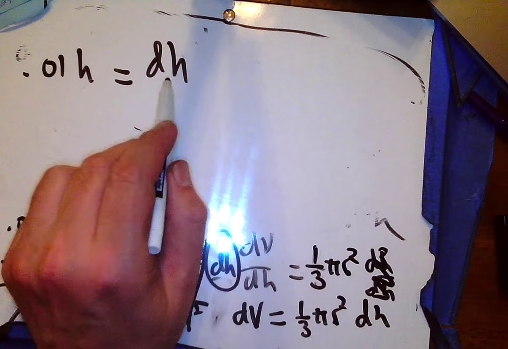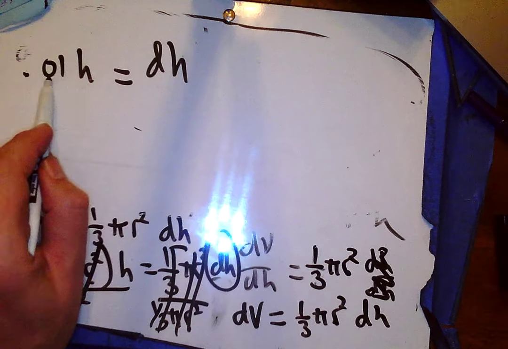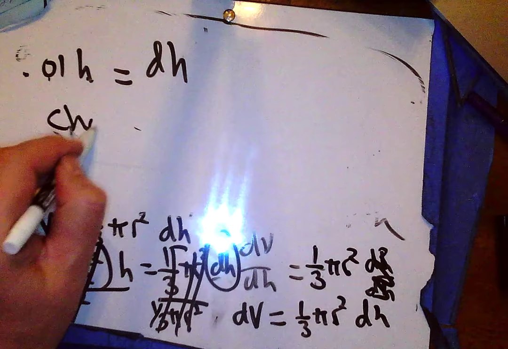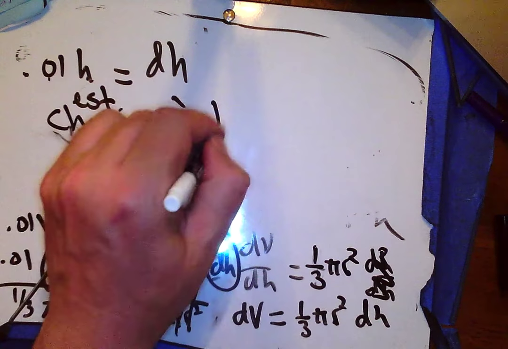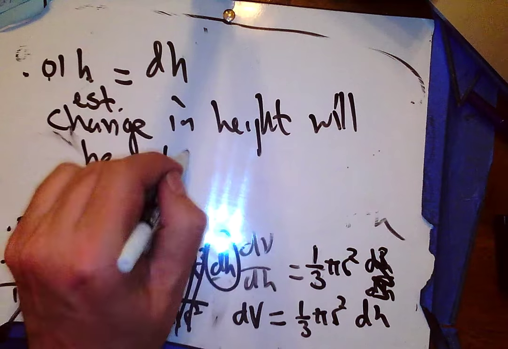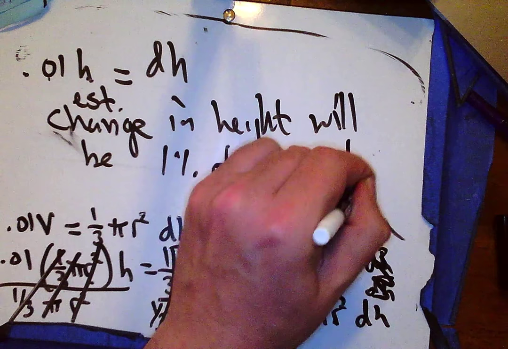The error in the height is 1% of the actual height. The estimated change in height will be 1% of the actual height.